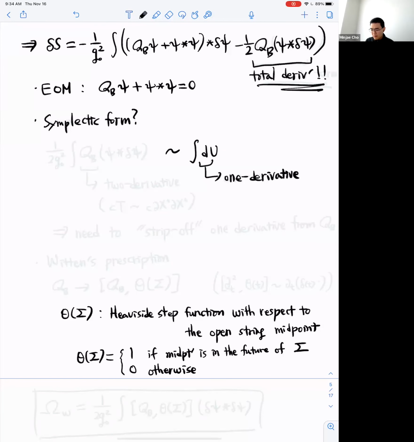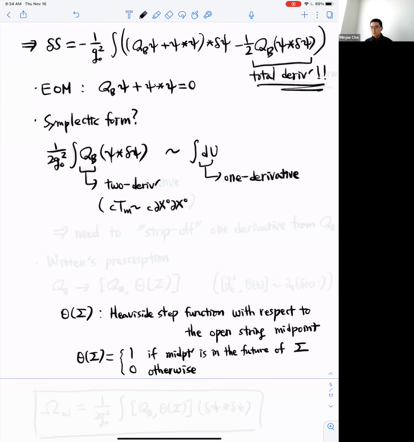In comparison, what we have in open string field theory is somewhat different. I mean, even though we know that it's a total derivative, we have to massage the expression because this Q_B we know is a second order derivative, because the BRST charge includes this matter stress tensor part, which in particular gives us a second order derivative term due to these two terms.